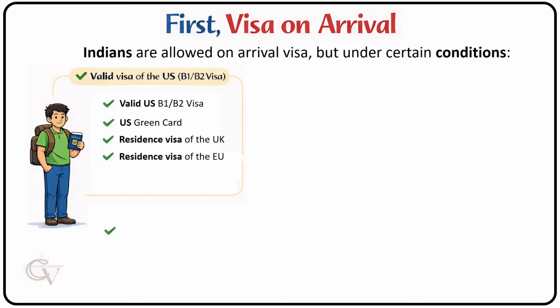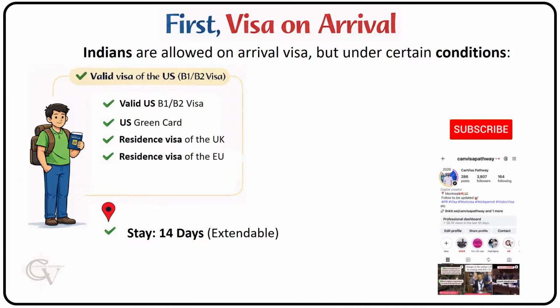It also works if you have a green card of the US. If you fulfill any of these four requirements, then you will get an on-arrival tourist visa for 14 days in Dubai, which is the maximum stay. However, if you want to stay longer, you can extend it also once you are in Dubai.